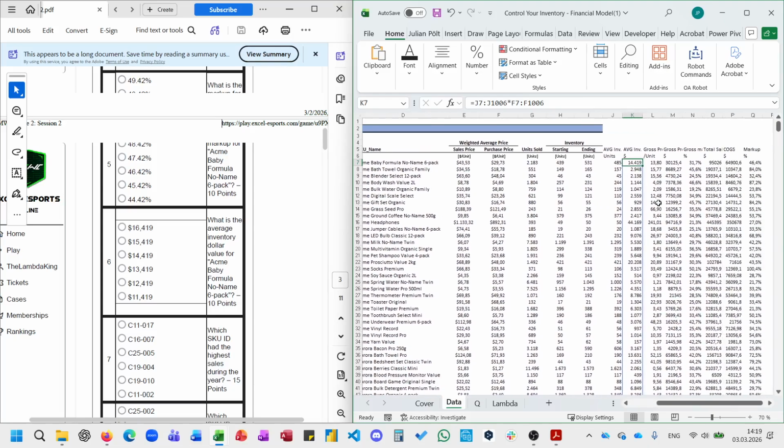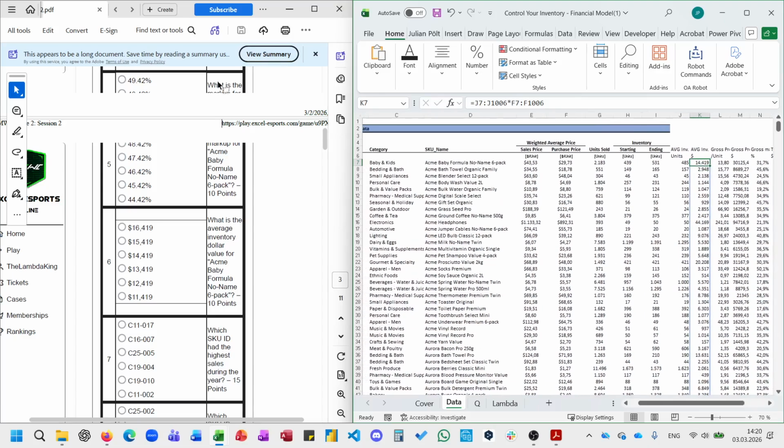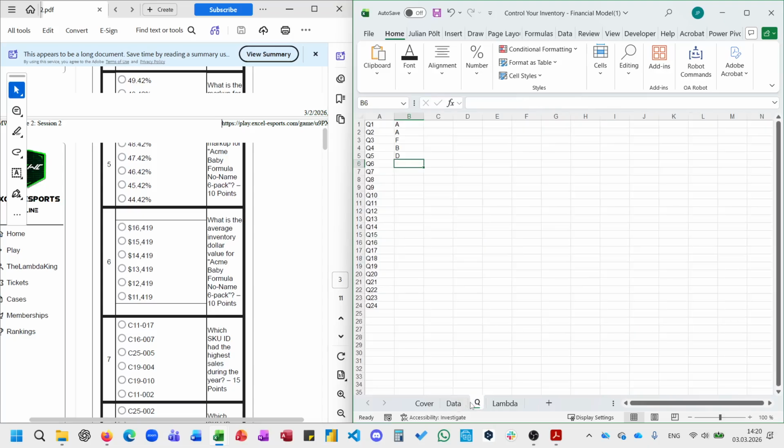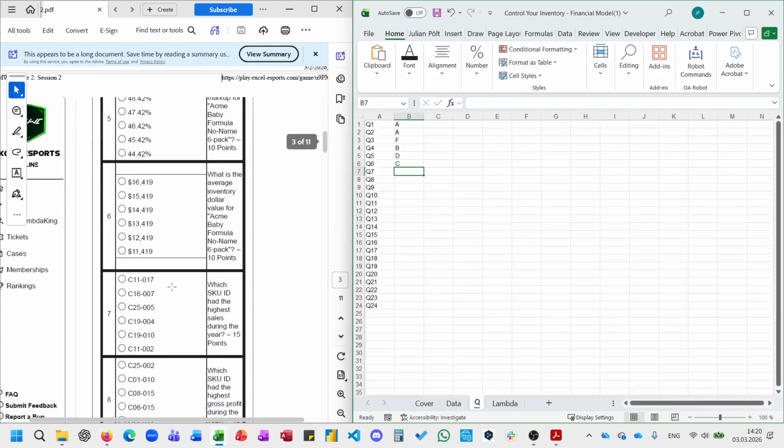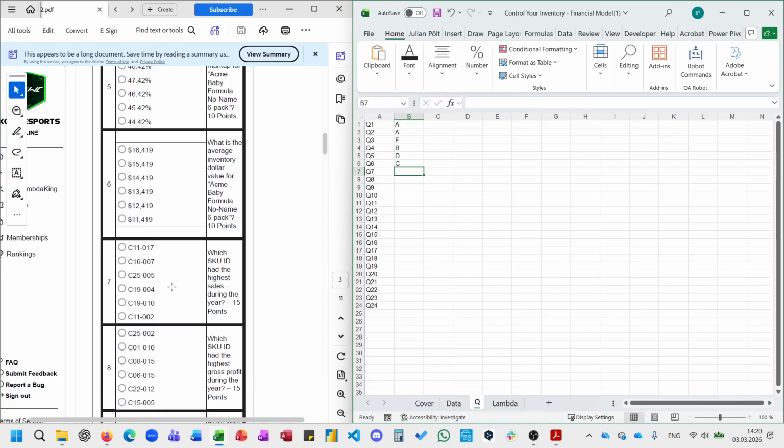Depending on the gap, you could also argue that you value it not by the purchase price. This is then C. Q7, which SKU has the highest sales during the year?